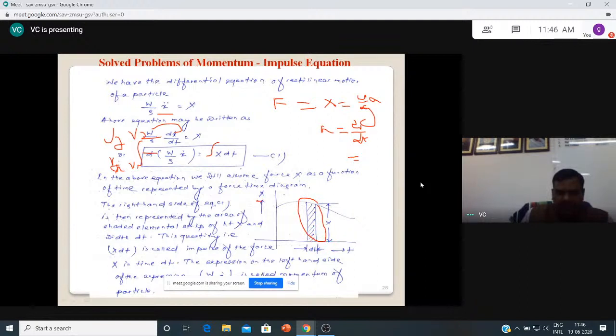So this is the meaning of a large force, a force x or F, applied within a small duration of time. When you are playing cricket, the ball hitting a bat is one example. Other examples: earthquakes, cyclones, when high winds come within a small duration of time.